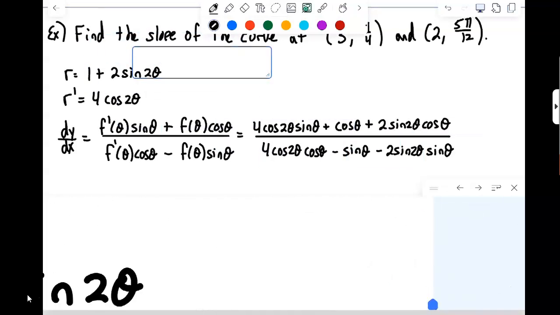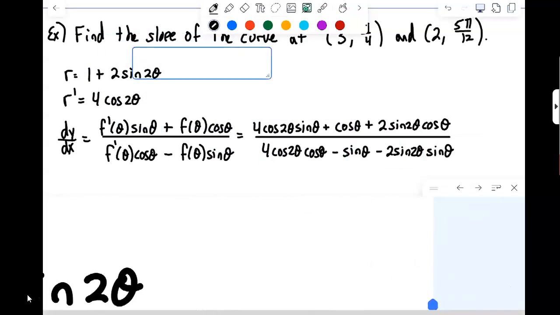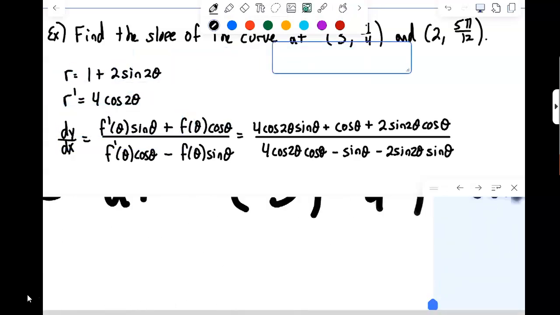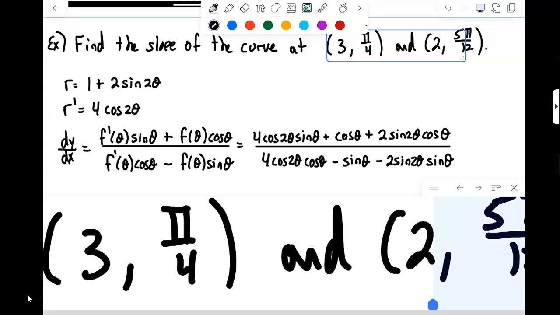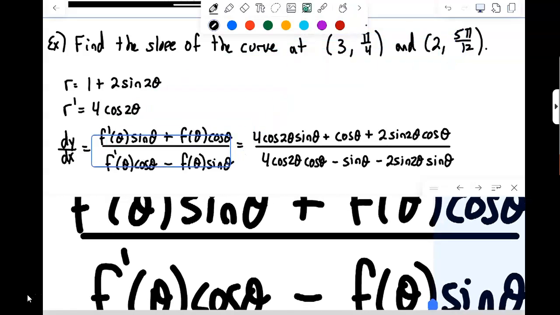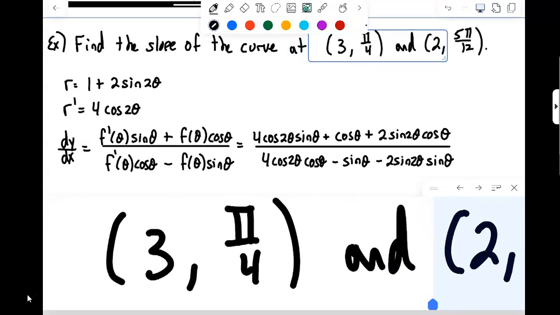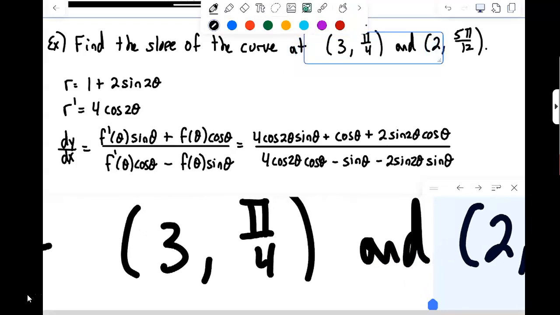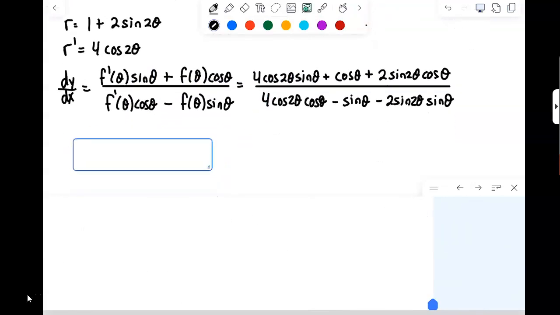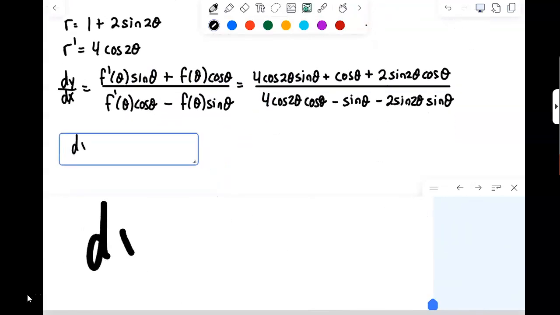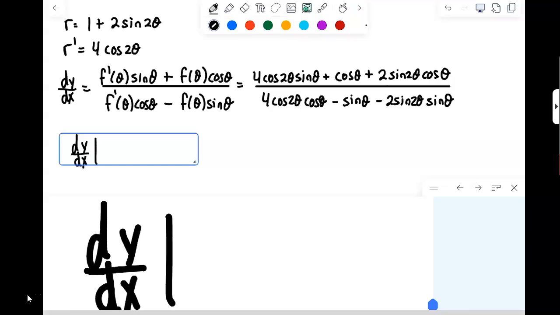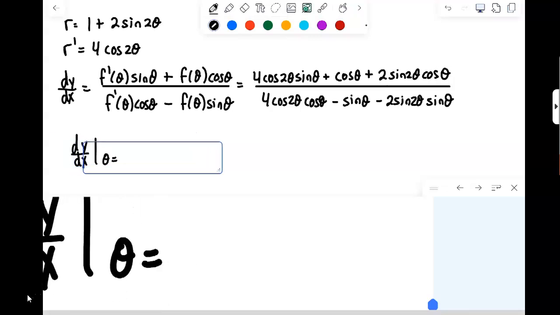Okay, and then we want to look at our points of interest. Okay, and so at the point 3 pi over 4, all that matters here for the derivative is the angle, not what the radius currently was at that point. So we plug in pi over 4 for our dy dx, get it right eventually. Theta equals pi over 4.